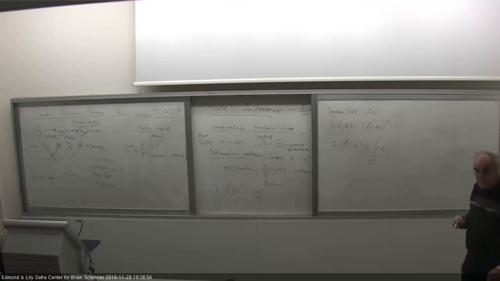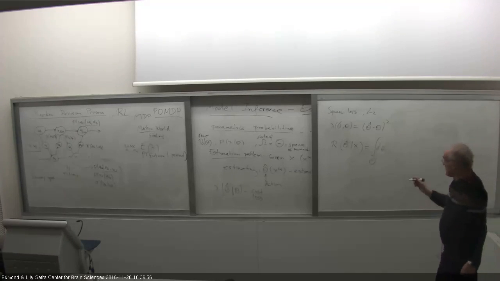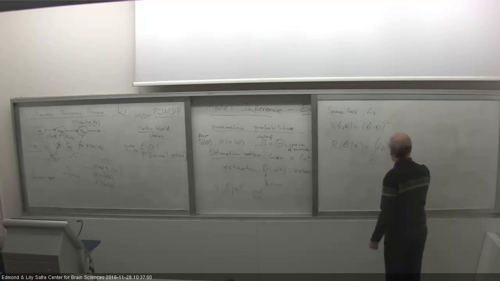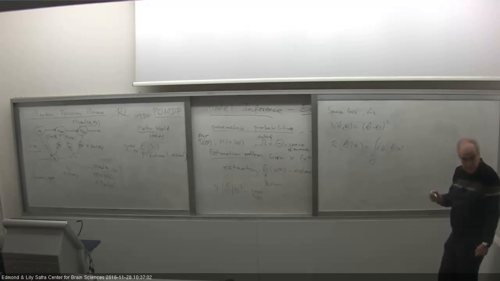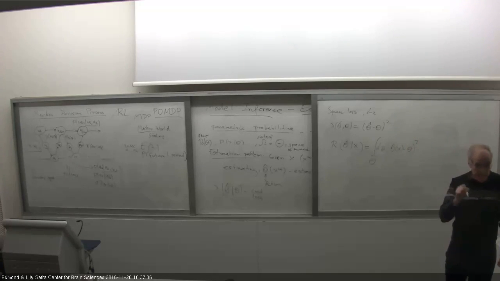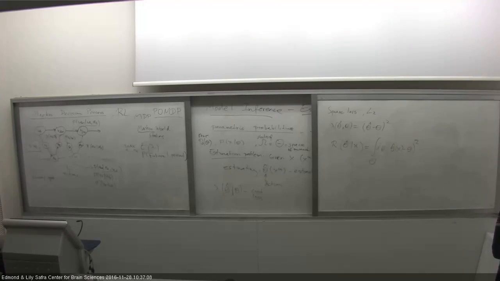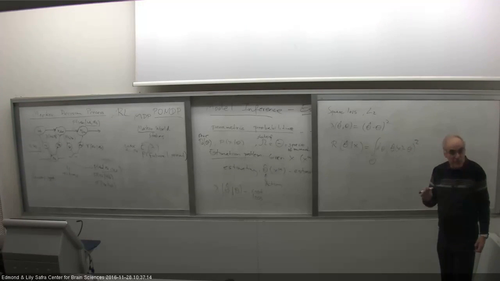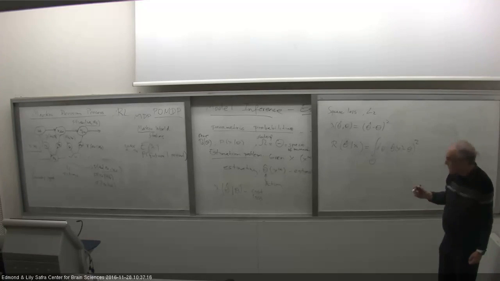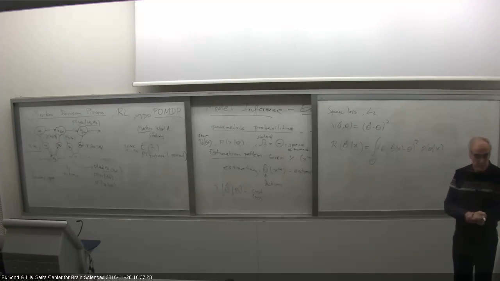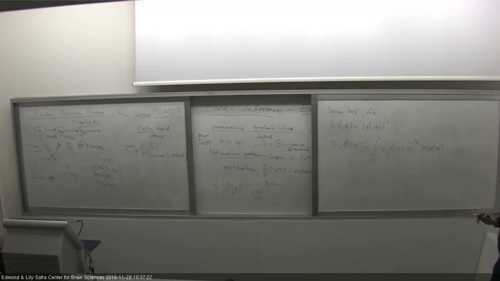What is the risk? It's (theta hat of x minus theta) squared. This is the risk at observation x. Multiply by the probability of the state of the world given the observations. That's the conditional risk.